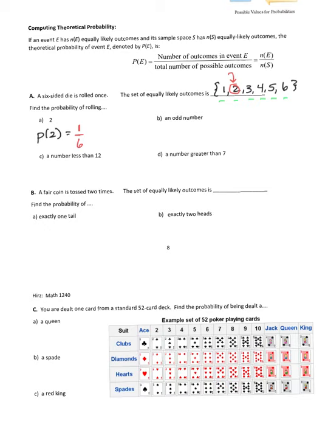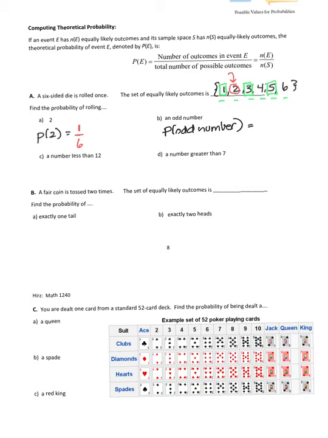What is the probability of rolling an odd number? Our numerator is always the number of outcomes in the event. So where do we see our odd numbers? Well, there they are: 1, 3, and 5. How many are there?